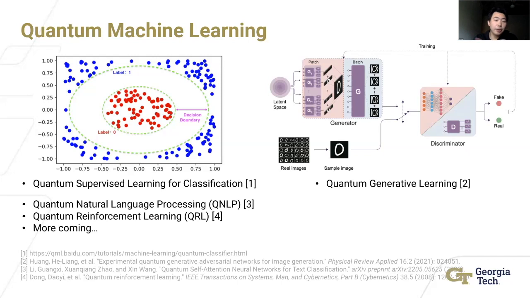The big areas include classification, and generative models, where you feed in real people's pictures, but somehow you can generate fake pictures which are not people, but from a human perspective, you will not be able to see the difference. Other areas include natural language processing. So this is a rising area. A lot of people who used to do machine learning are jumping into the field and trying to make a quantum version of things. I think this is very interesting.